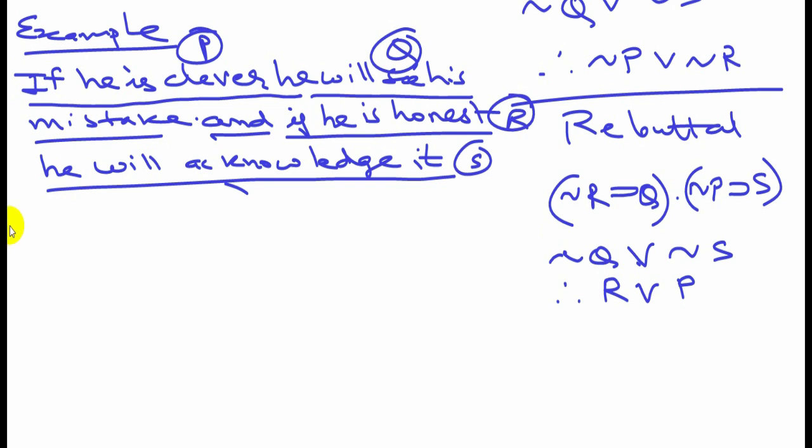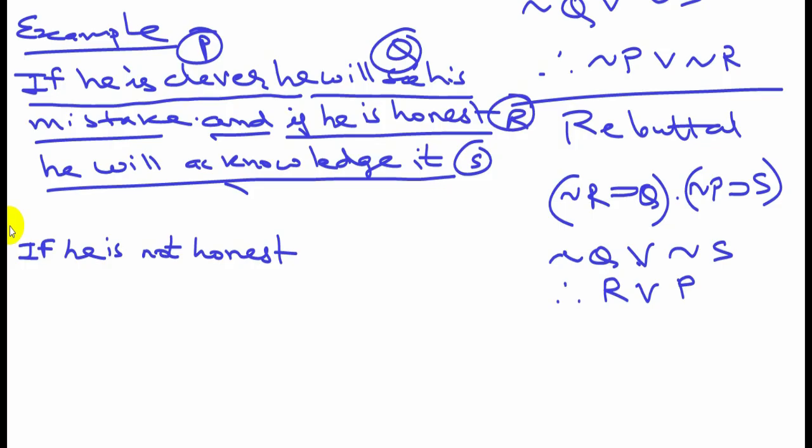Our actual major premise will be if he is honest, so that will become not R. If he is not honest, because we are negating the R. So if he is not honest, he will see his mistake. Q will remain as it is.